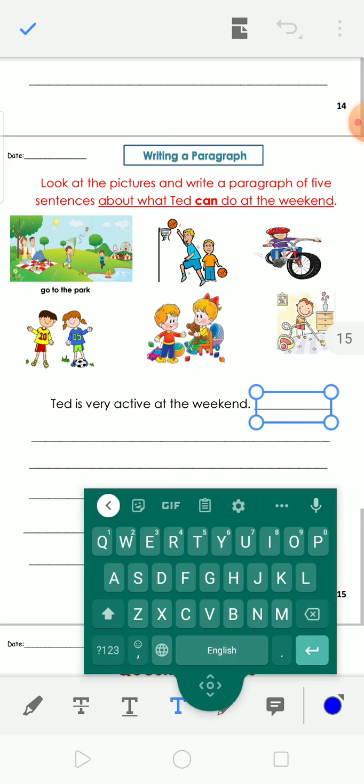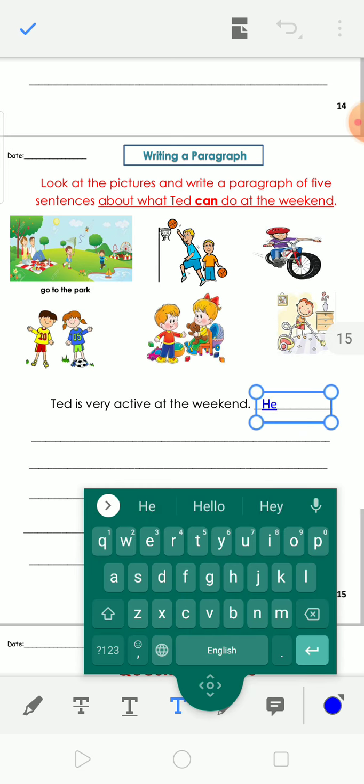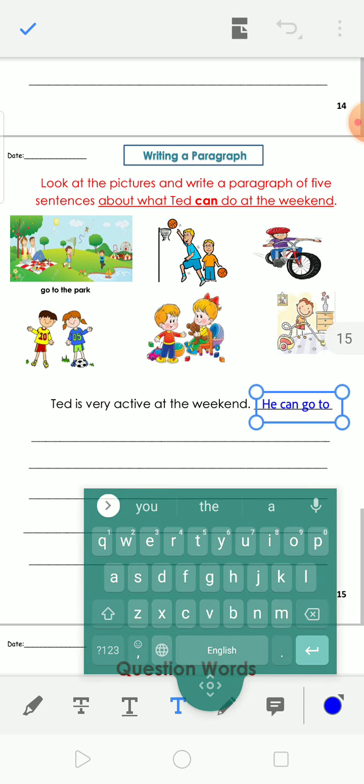Now let's write our sentence. He can go to the park. Don't forget to start it with a capital letter. He can go to... Uh-oh, my line here is over. So I have to complete on the next line.